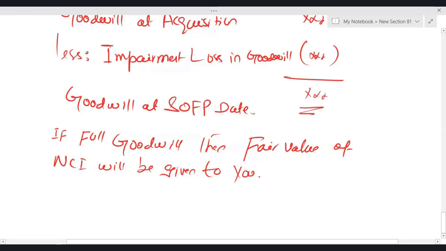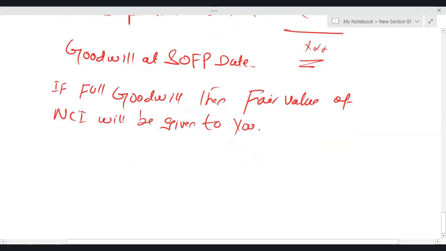But there is a possibility that instead of the full goodwill method, you are having a partial goodwill method, the proportionate goodwill method. So if your examiner says that we keep NCI at the proportionate share of the net assets of the subsidiary. So what I want to say, instead of full goodwill, rare chances, but chances are there, partial goodwill comes.